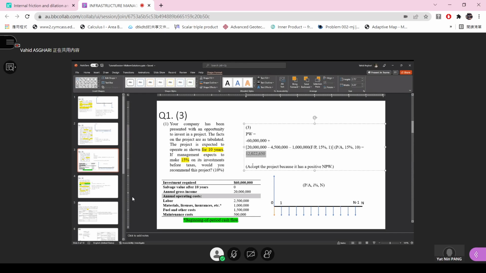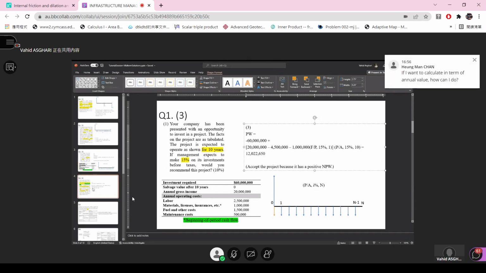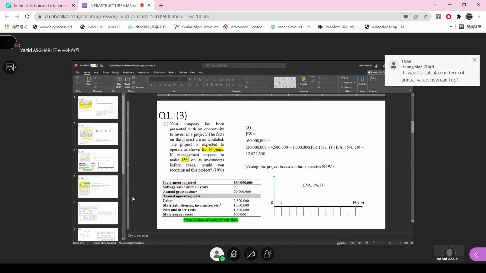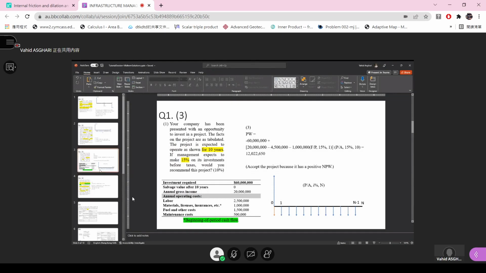Did you reach this number? Actually, I got confused during the middle, so I didn't finish it. Okay. If I want to calculate in terms of annual value, how can I do it?